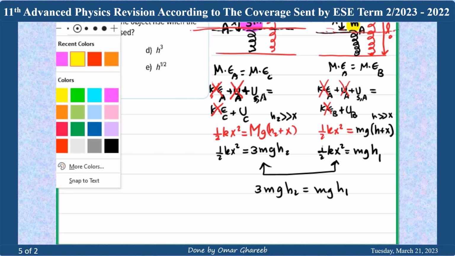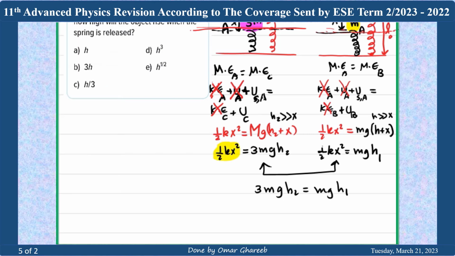Because the left side here is equal to the left side there, so the right sides should be equal. Now you can cancel m with m, g with g, and we are left with h2 equals 1/3 h1. So the answer should be 1/3 h1, which is C.